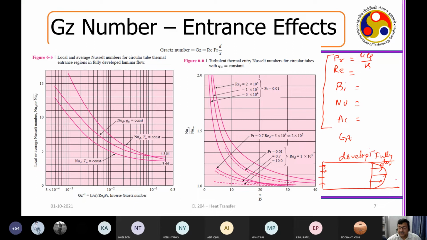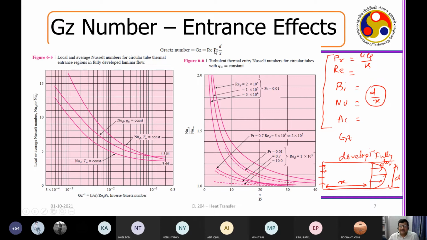Okay, now you may understand that the heat transfer characteristics in the fully developed flow will be very different than the one in the developing region, because the flow profiles are different, right? So this particular length is called x, and this particular distance is the diameter d, and this x by d or d by x is called the entrance effect for any geometry.